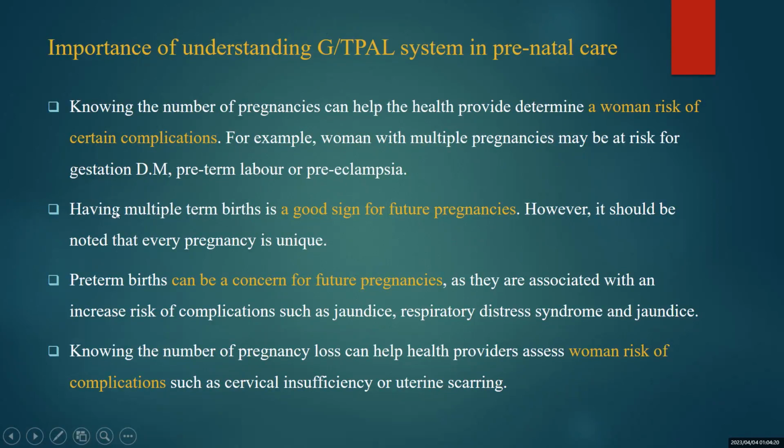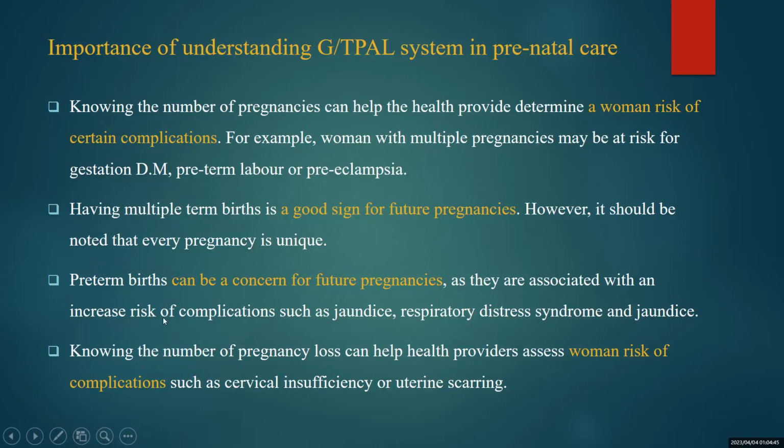The second point is that having multiple term births is a good sign for future pregnancies. However, every pregnancy is unique, and previous term births do not guarantee a healthy outcome in future pregnancies.